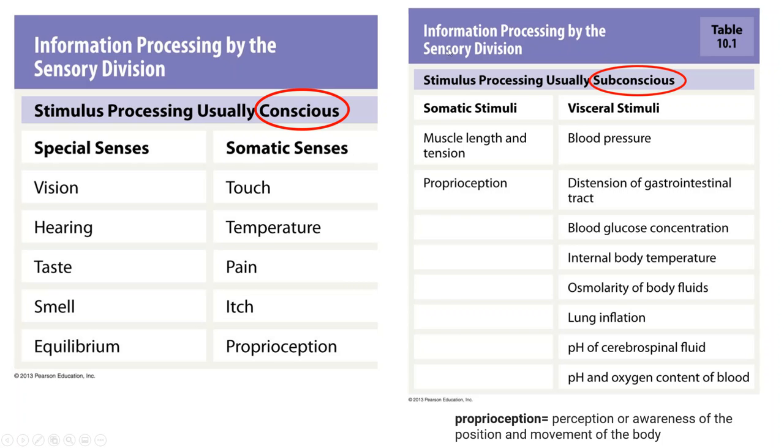Now, whenever the stimulus processing is subconscious, we can again distinguish between somatic stimuli and visceral stimuli. The somatic stimuli are the ones that refer to muscle length and tension, as well as proprioception.